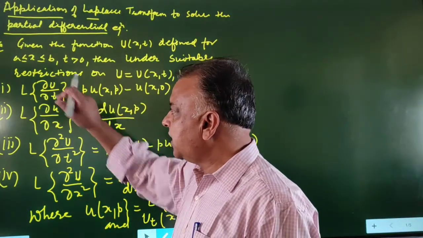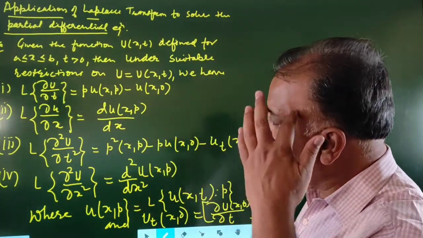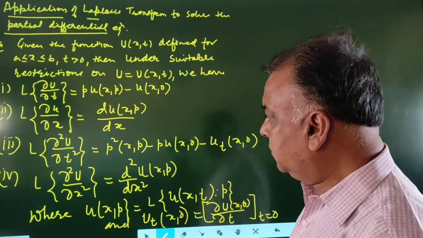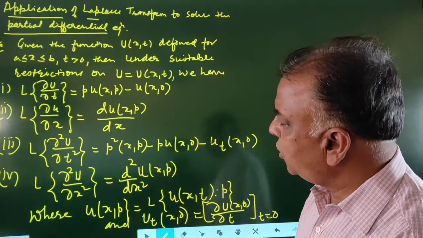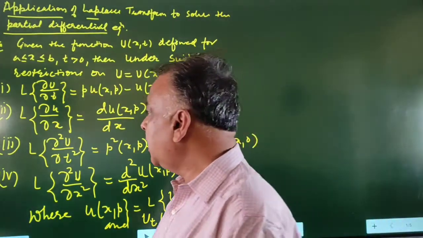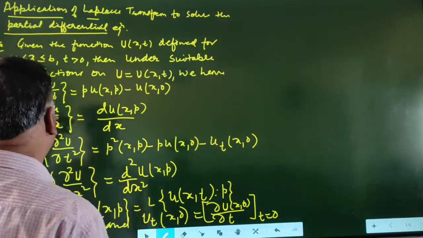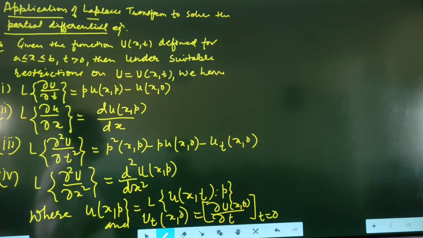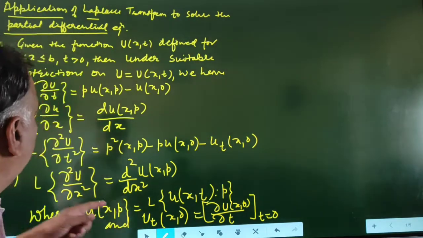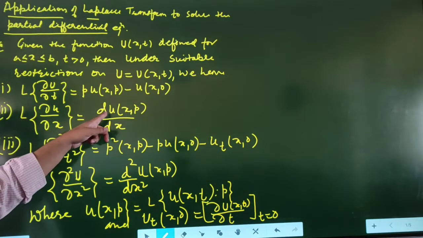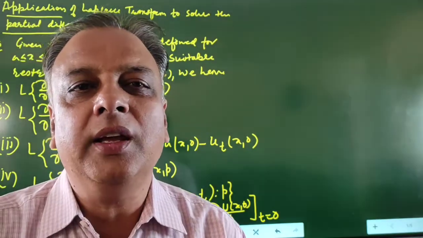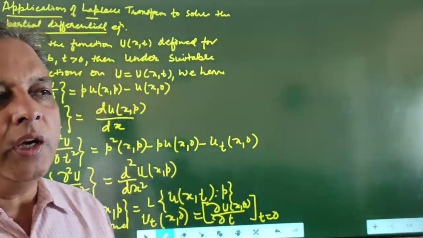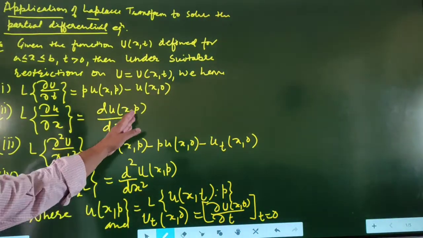So the Laplace transformation of the first partial derivative of u with respect to t is given by p ū(x,p) minus u(x,0). Similarly, the Laplace transformation of the partial derivative of u with respect to x is given by d by dx of ū(x,p).